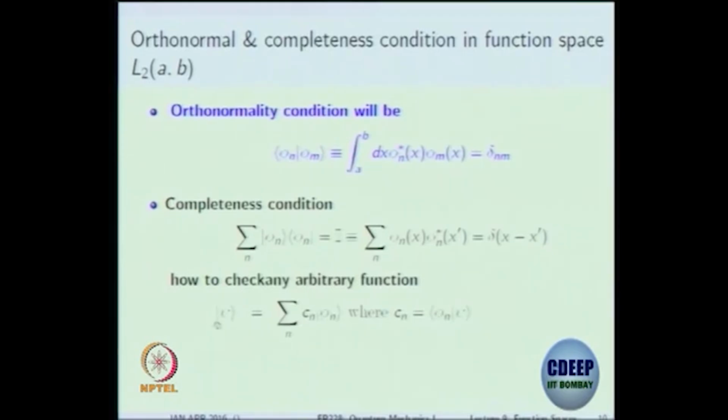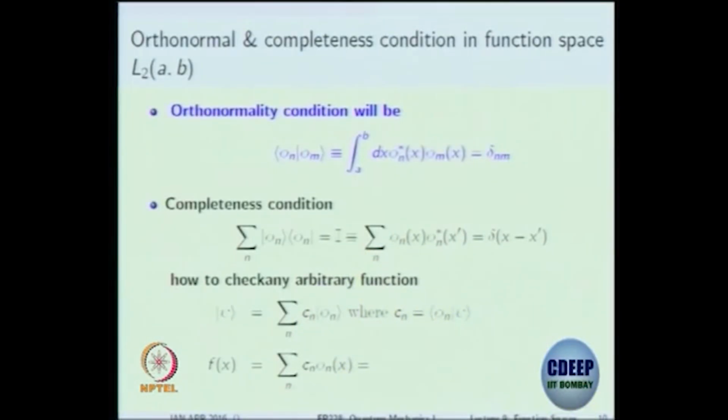Take an arbitrary state psi. Just to recall, if it's a superposition of basis states, Cn is given by the inner product of phi n with psi. So f of x in the function space could also be written as a superposition of phi n of x. And what is Cn here?